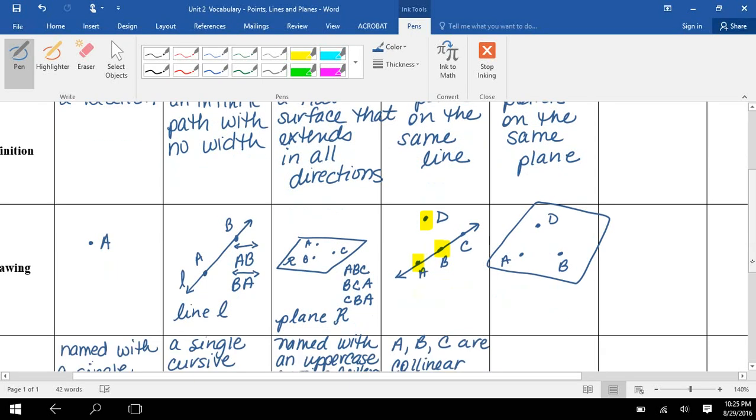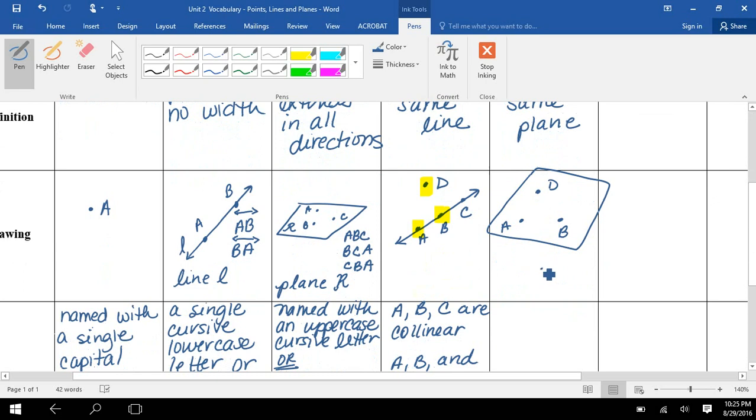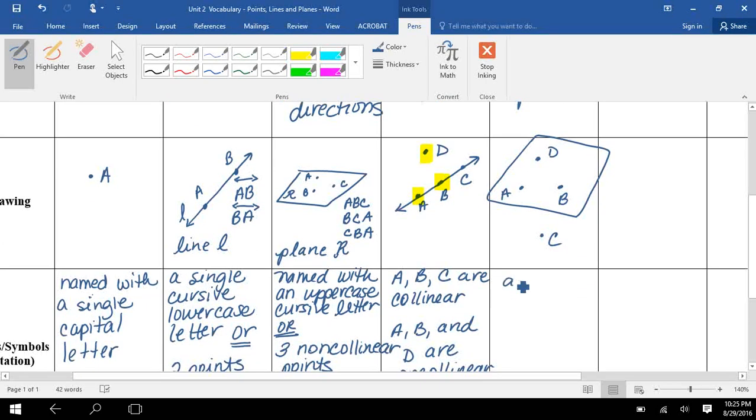Okay? Now, if I were to put a point down here, indicating that it is sort of hovering below this plane, then it would not be coplanar with the other 3. Any 3 points are always coplanar.